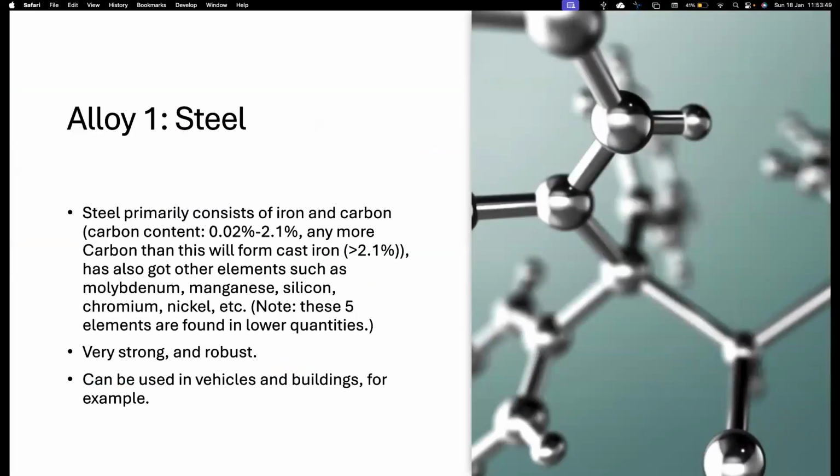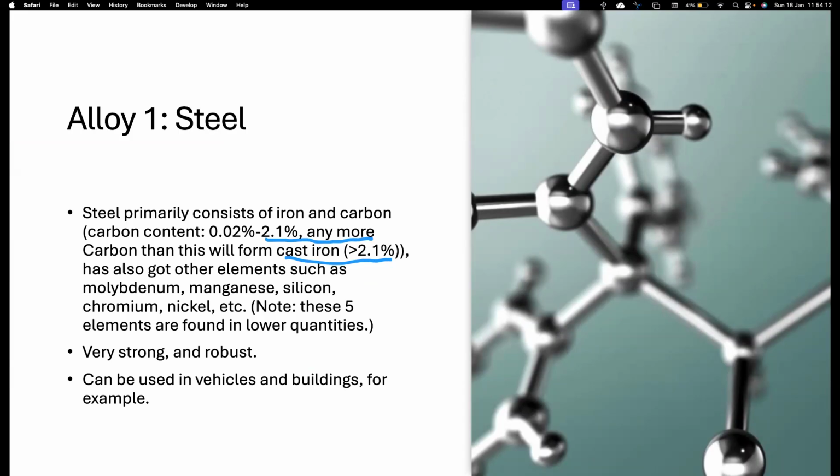This is steel. Steel primarily consists of iron and carbon. The carbon content is around 0.02% to 2.1%. Any more than this, greater than 2.1%, and it will form cast iron, and that is not steel.